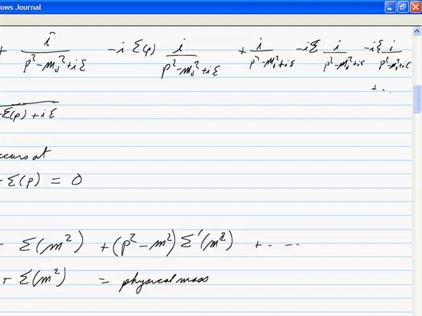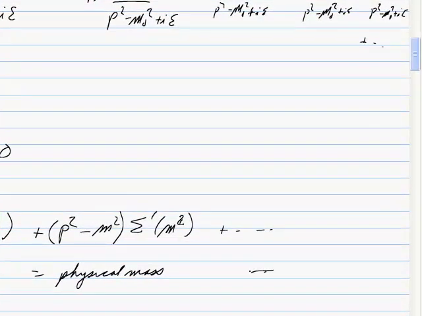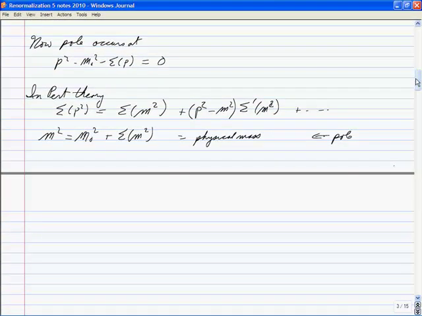So it's a little bit iterative. Okay, so that's where the pole occurs. So that's going to be mass renormalization. We're going to identify the physical mass not as this bare mass parameter in the Lagrangian, but this shifted one. The wave function renormalization is the next term there.